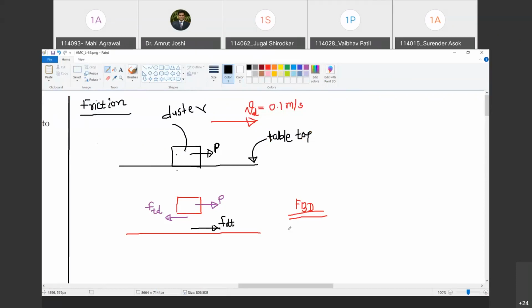Do you agree with me? Yes, sir. So whenever you talk about friction, it is in fact a pair of forces. It is not a single force. It is a pair of forces applied by the objects in contact over one another. Do you agree with me?